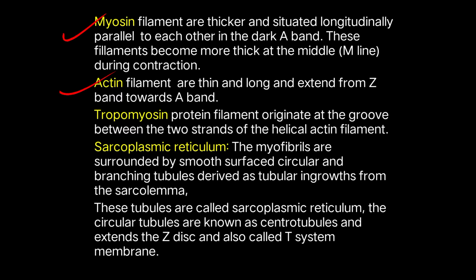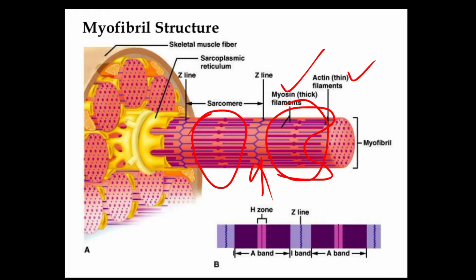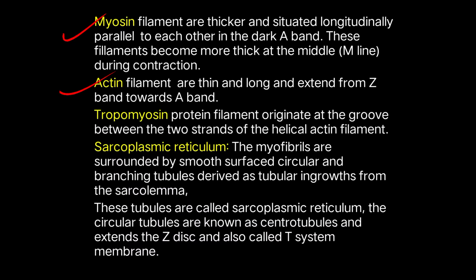Next, the actin filaments are thin and long and extend from the Z band towards the A band, as we can see here. So this is the Z line. In the middle, this actin filament is extending on both sides like this. Then tropomyosin protein filaments originate at the groove between the two strands of the helical actin filament.